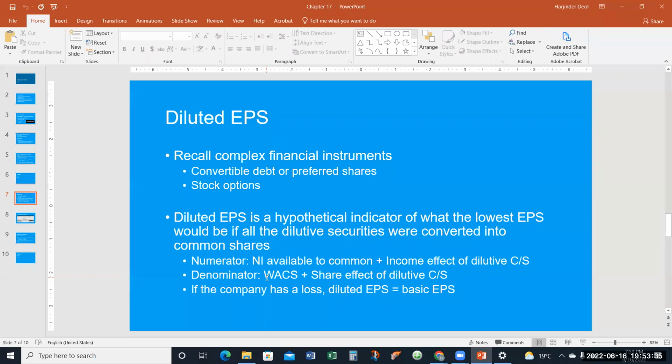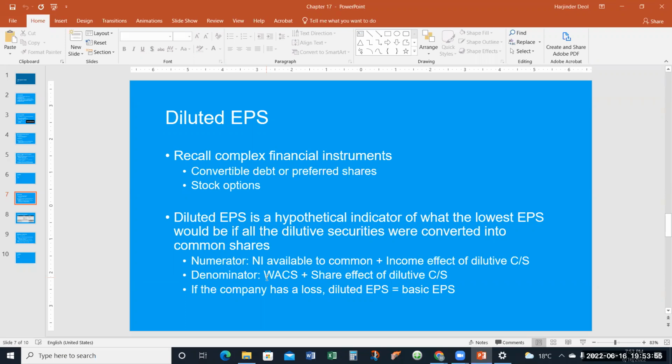Now, let's say the company has some stock options. Stock options, if they are exercised, will result in more shares being issued, but there's no effect on the income.